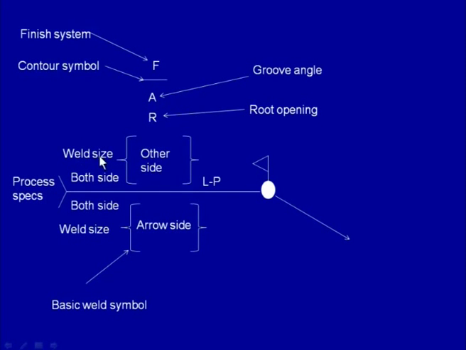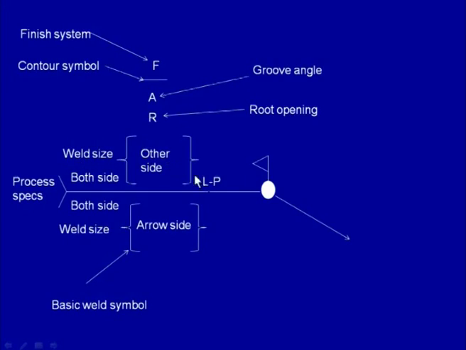And on the left side of these symbols we mention the size of the weld which is to be made. So here, if you see, this L on the right side gives information about the length of the weld, and the pitch means the center distance between the different welds.